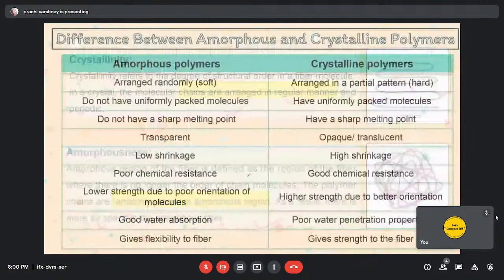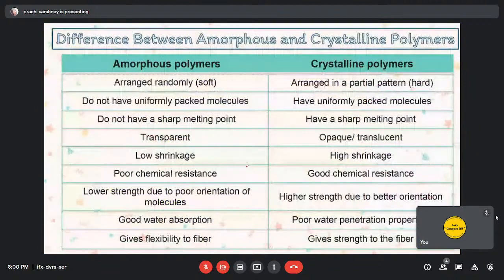To make a clear difference, let me tell you the basic difference between amorphous polymer and crystalline polymer. Amorphous polymers are arranged randomly, like I told you in the previous slide. Because they are arranged in a random manner, they are quite soft. But crystalline resin has a very regular pattern, so they are arranged in a rigid manner, and that's why they are hard.